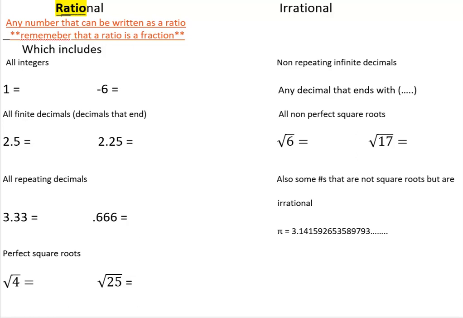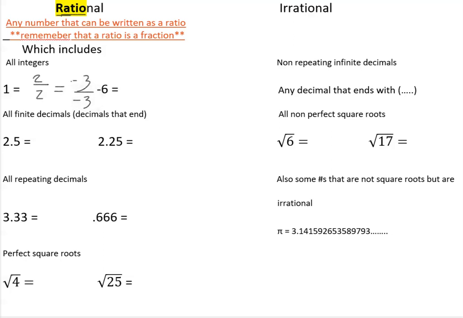Okay. Now, this includes a couple of things. All integers, so any whole number, because any whole number can be written as a fraction. 1, you can make that 2 over 2 is 1, right? That's a fraction, and therefore it is a rational number. You can also do negative 3. Negative 3 divided by negative 3 will also give you a 1.